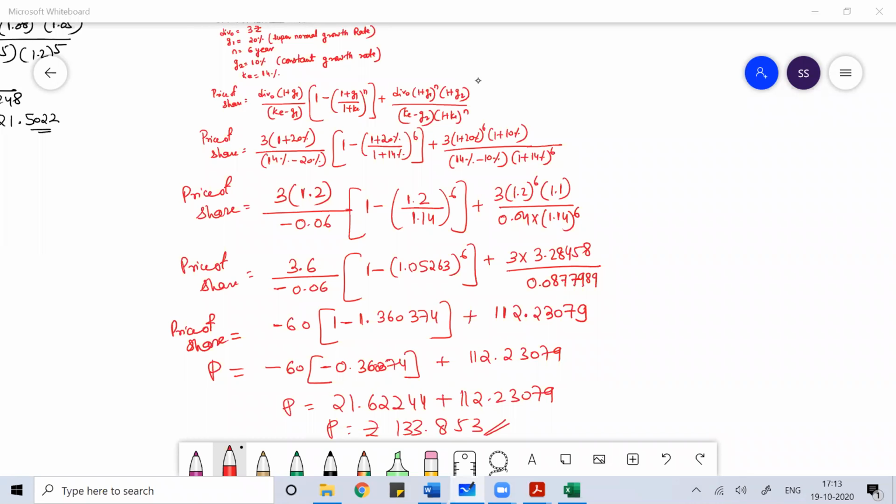Mohan, Tajwal, Ravi, Sanjay, Shakib, Suraj, Virendra, Yogeshwari, Chaitanya, Shalini, Prakriti, Priyanka. Any doubt, Rakesh? Anything you want to ask? Ranjita, you got the answer? 133.853.